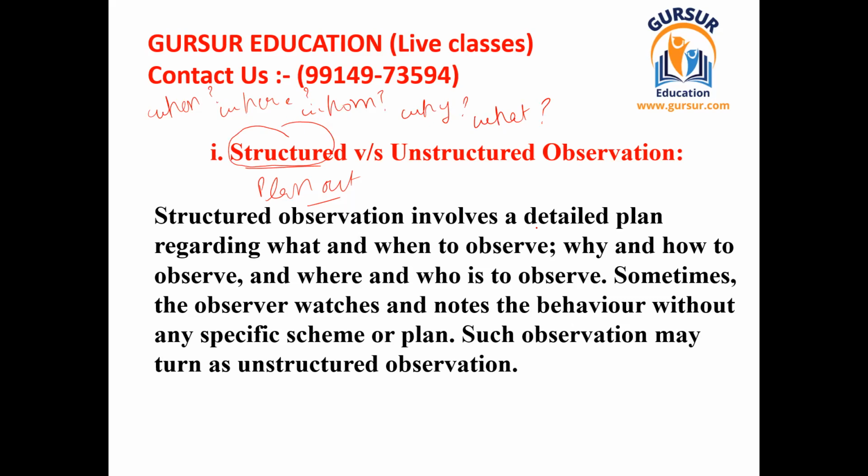It involves a detailed plan regarding what and when to observe. Very simple. And what about unstructured? When you have no plan about all these questions, but you are just observing. Sometimes the observer watches and notes the behavior without any specific scheme or plan.